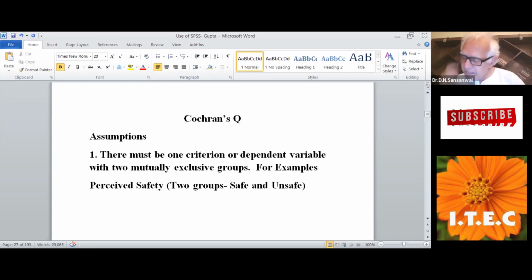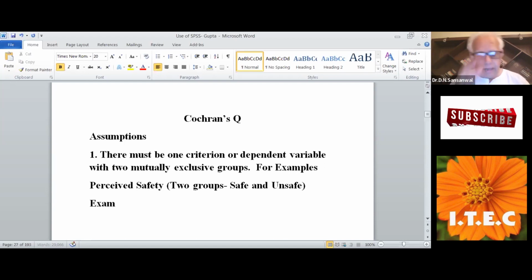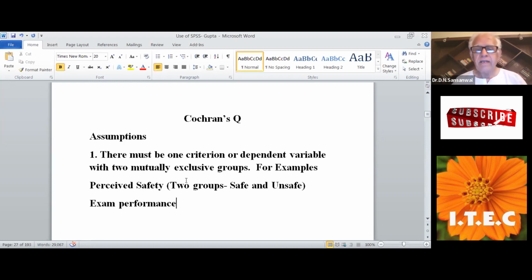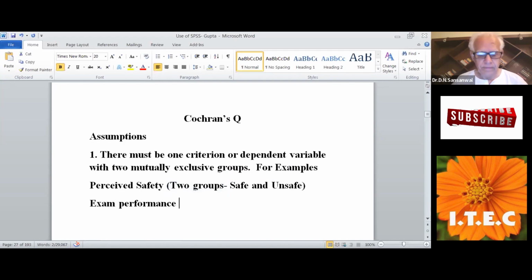If it is exam performance, then the two groups are pass and fail.